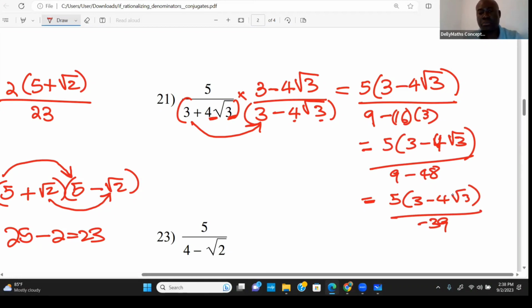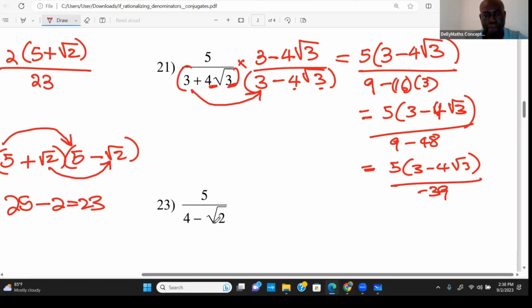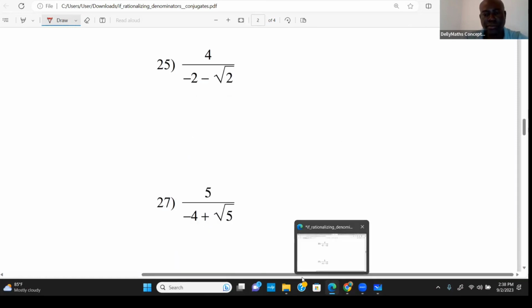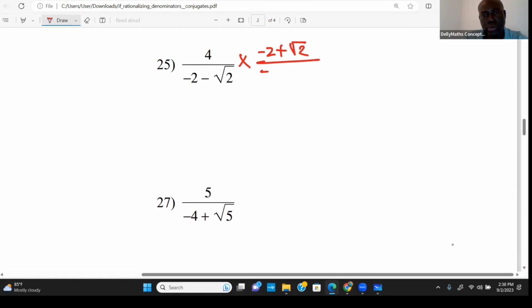So there it is, right? So we could just work it out like that. Let's do one more. So in this case here, at number 25, I'm going to multiply by negative 2 plus the root of 2 over negative 2 plus the root of 2.